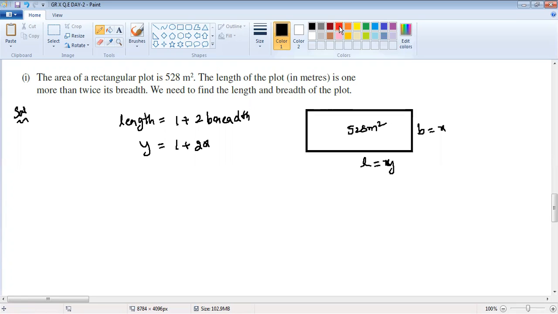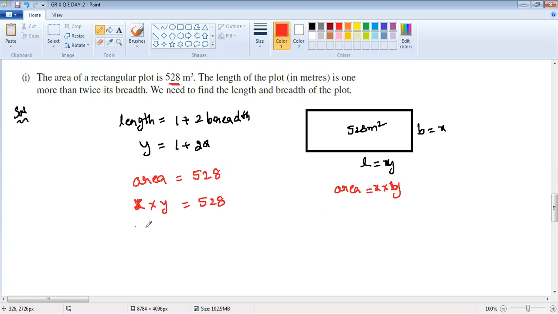The area formula: area is equal to x into y, or L into b. From the question, the area is given as 528. So length into breadth, which is x into y, is equal to 528.